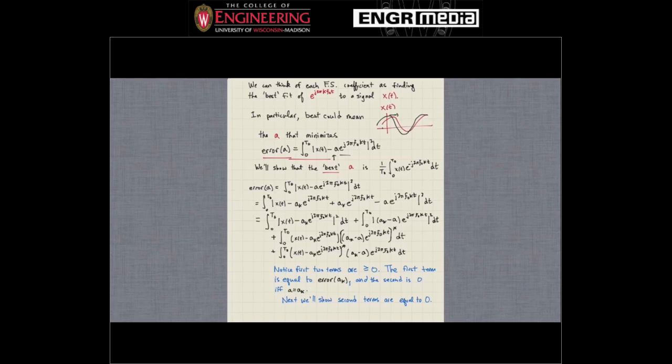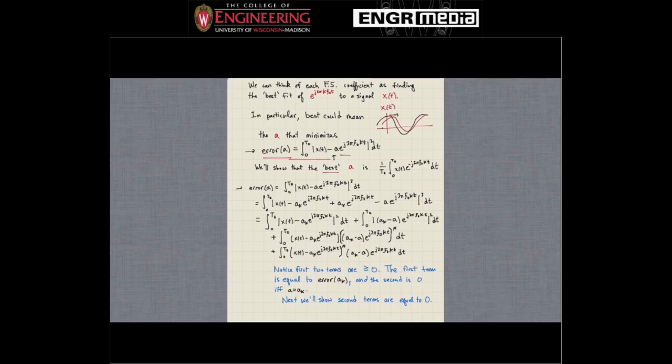Well, again, we're going to start with this expression here for the error, and that's just rewritten here, and we'll try and walk through this analysis. So when I have the absolute value of a complex quantity squared, before I do that, the first thing that I'm going to do is add and subtract a_k e^{j2πf_0kt}.